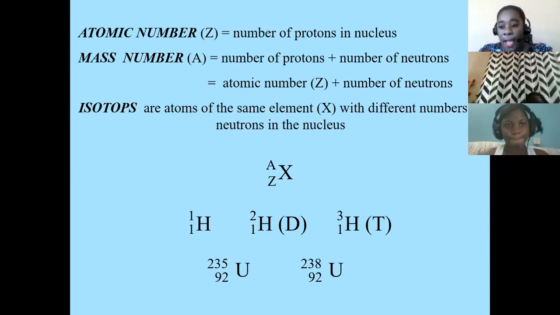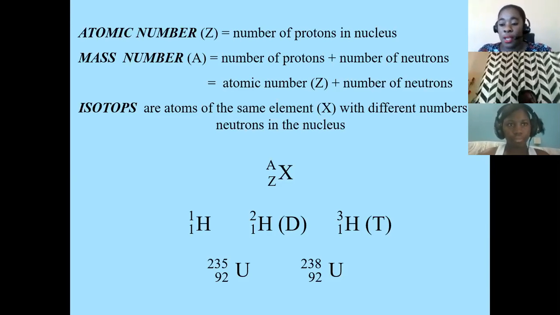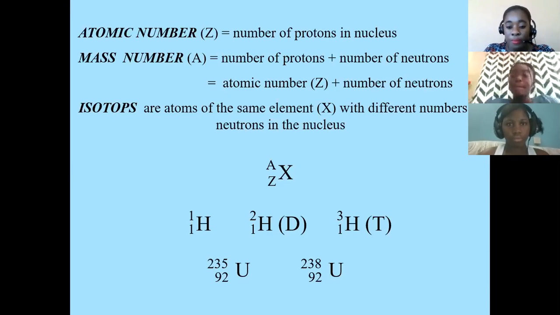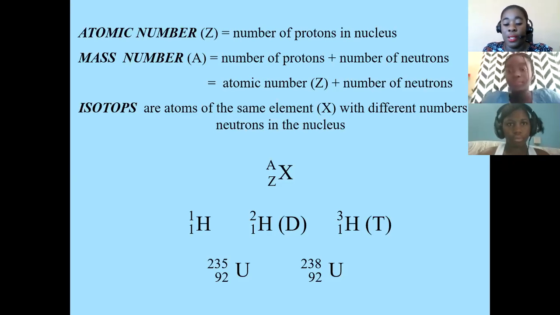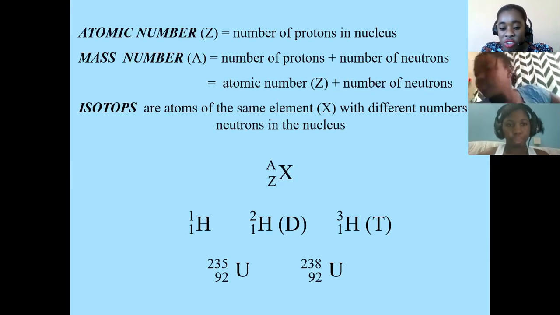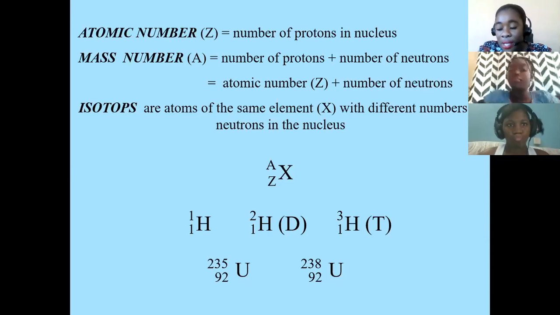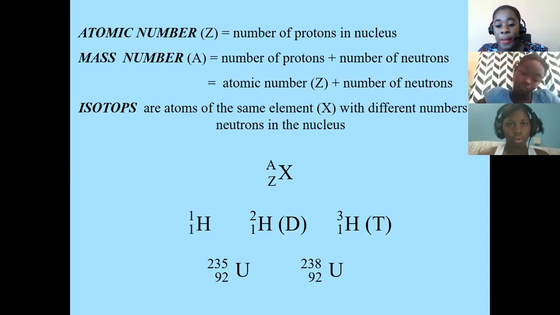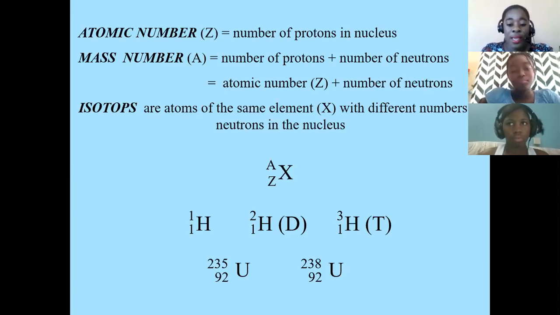In other words, isotopes, they will have the same atomic number, but different mass number. So the bottom number would be the same, but the top number would be different. So you realize that hydrogen, it's 1 constantly because that's what makes it hydrogen. But the mass number changes because there are different number of neutrons inside of the hydrogen. So we have 3 isotopes of hydrogen.